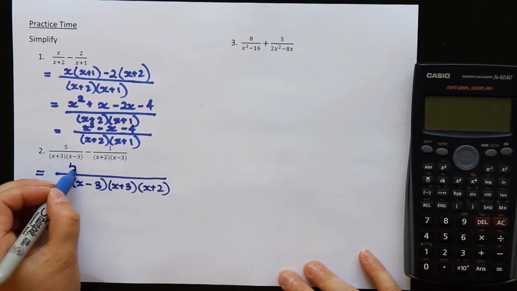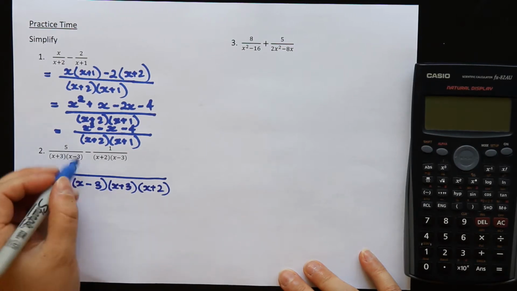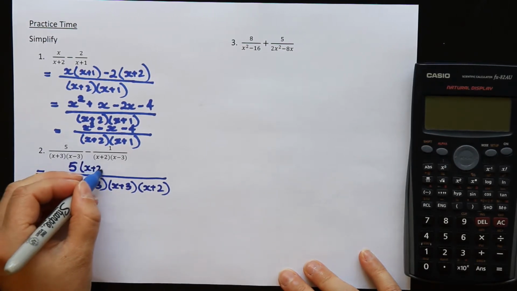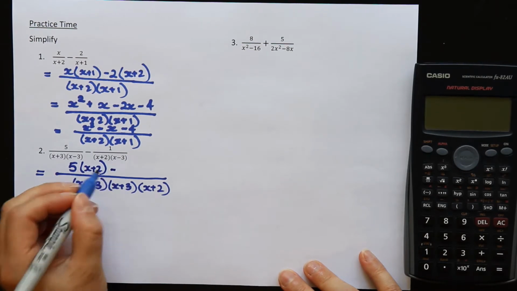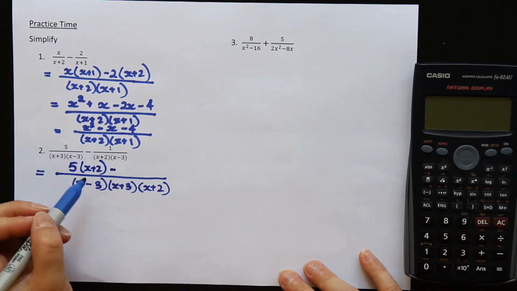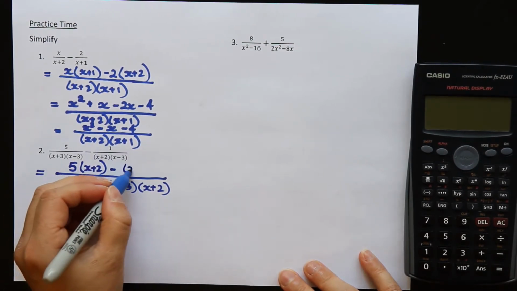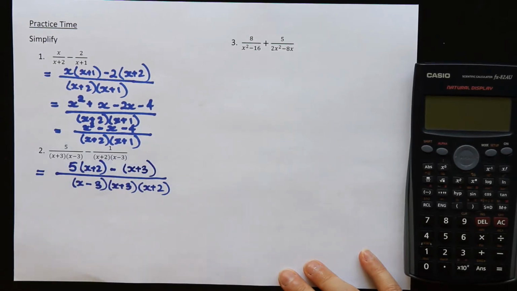The first fraction, I've multiplied the x plus 2 in, so it will need to come up here with the 5, minus, well, there's a 1 there, but you don't need to write it. The x plus 2 and the x minus 3 are already there. So I have an x plus 3 that needs to come up to the top.